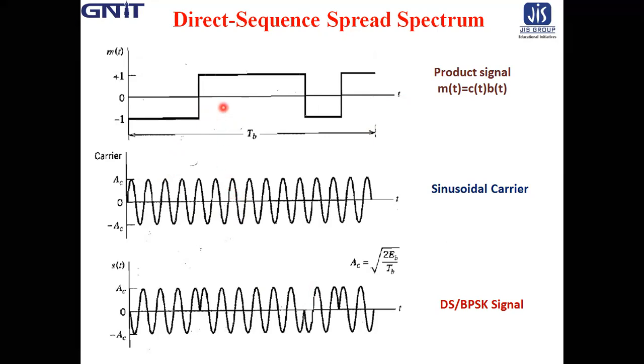These two signals are applied to a BPSK modulator, and the output is shown here. From here 0 to 1, one phase shift is present. Then again 1 to 0, another phase shift. Then here 0 to 1, again another phase shift. So 3 phase shifts are present in this waveform.